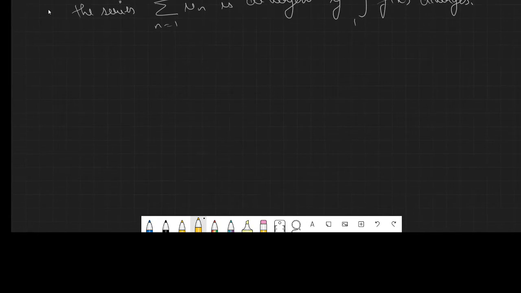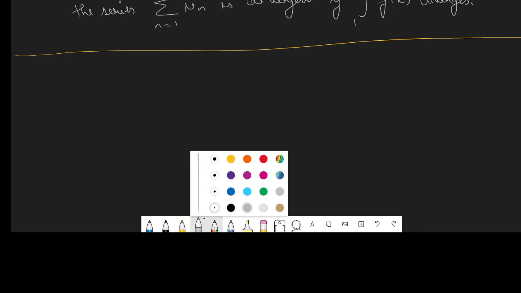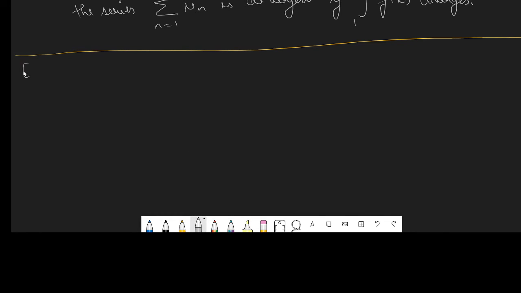Okay, so the example for that is summation n equal to 1 to infinity 1 divided by n square plus 1.